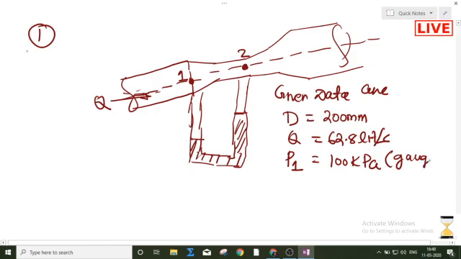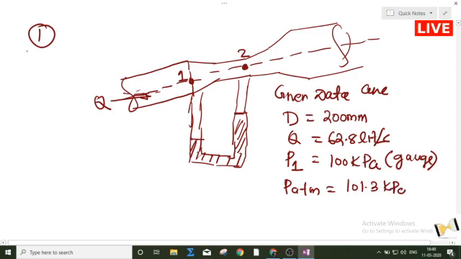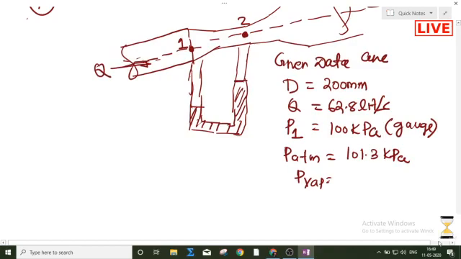The atmospheric pressure is 101.3 kilopascal. The vapor pressure will exist at the throat portion, at point number 2. What is the vapor pressure? That is 2.39 kilopascal. It is asking to find out the throat diameter.